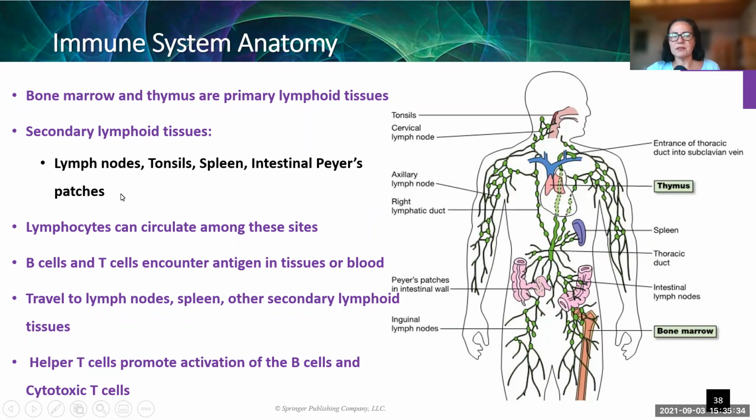This one used to be quite confusing to me as a student, but let's see if you can think about it this way. You have the epithelial tissues on your skin, and you have the epithelial tissues of the mucous membranes. Those are the tissues most exposed to the outside world.